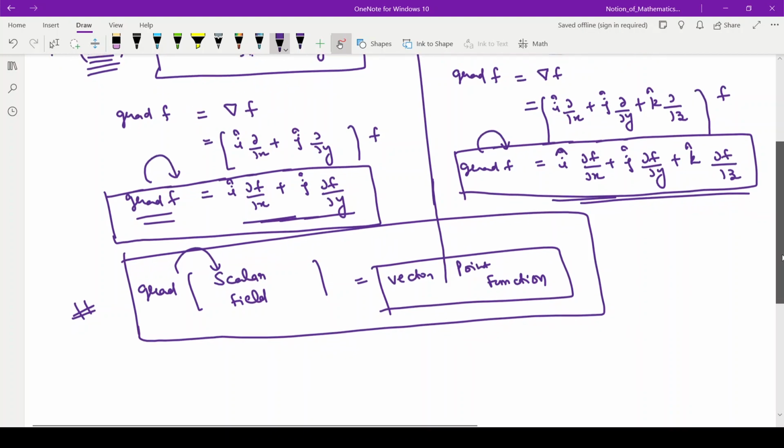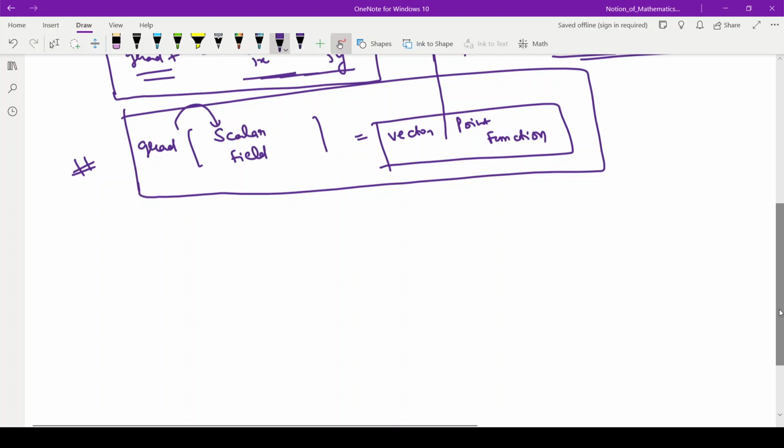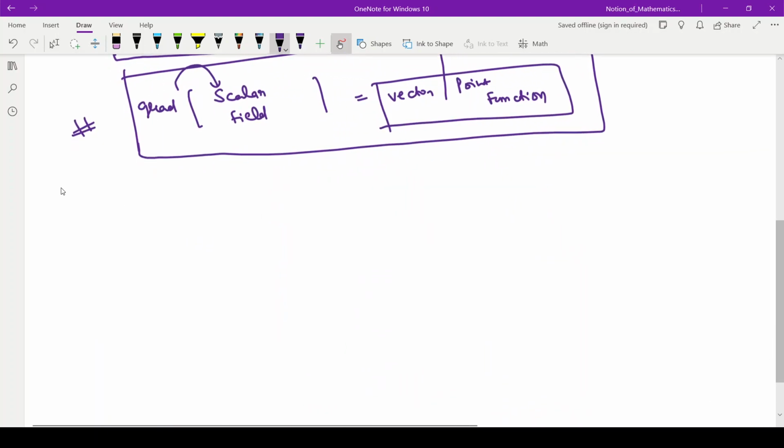Now I would like to discuss a few questions on the gradient of any scalar field at some point.